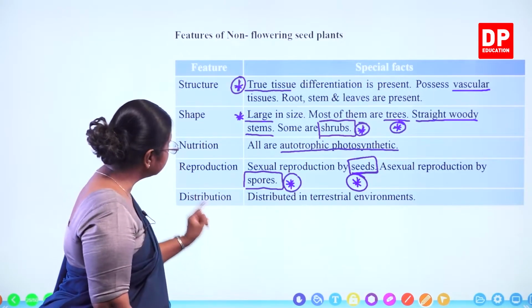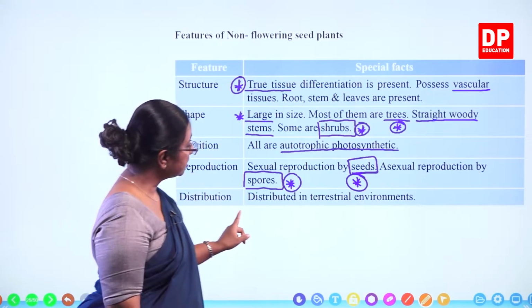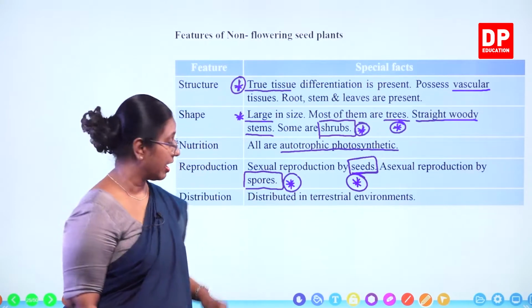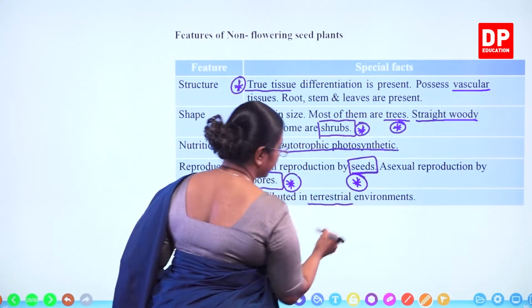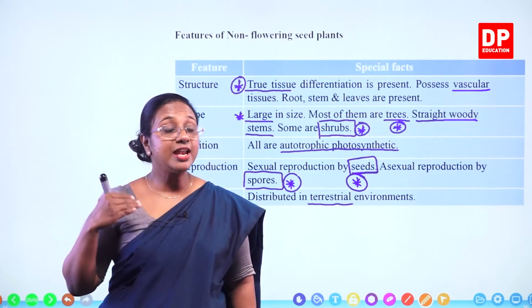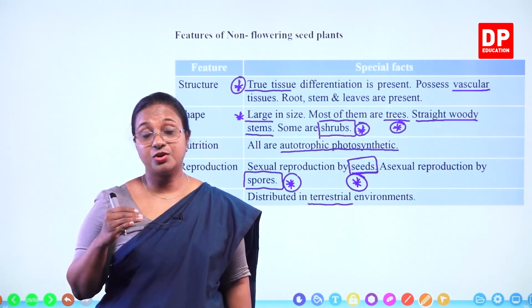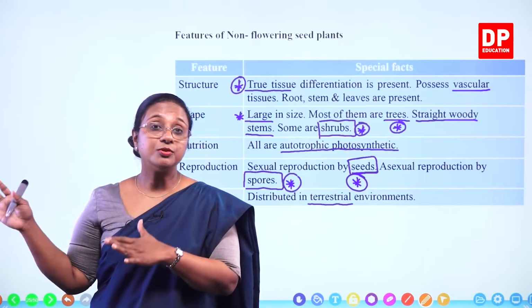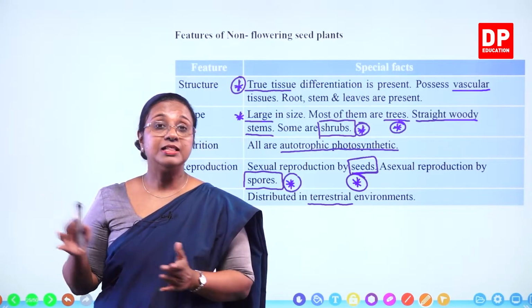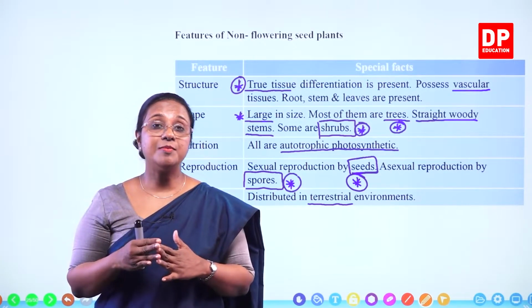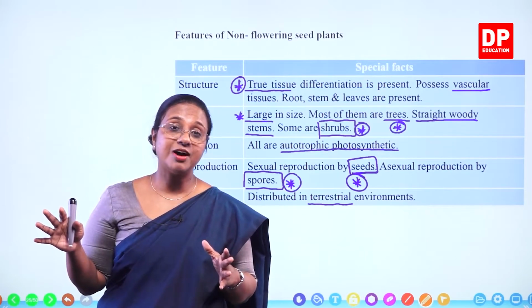Then if we look at the distribution, they are distributed in terrestrial environment. Now you all can understand the evolutionary process also, students. Most of the groups that we looked at before, they were either in the aquatic environment or they needed moist environment.